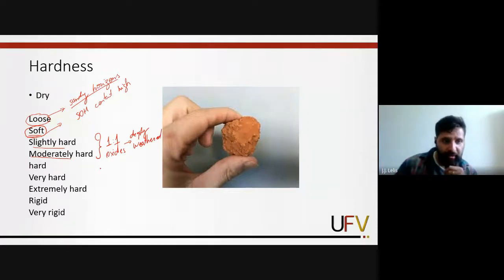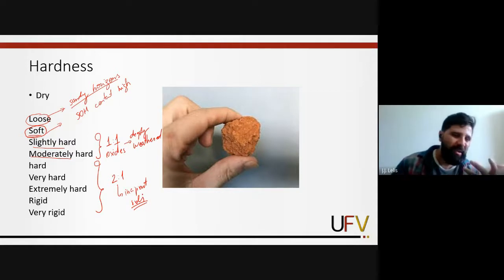And materials that have this kind of consistency have a lot of 2-to-1 minerals, and they are incipient soils, not so deeply weathered and leached soils. Okay, so we can identify a lot of properties only by describing the consistency of a horizon of a soil. Okay.